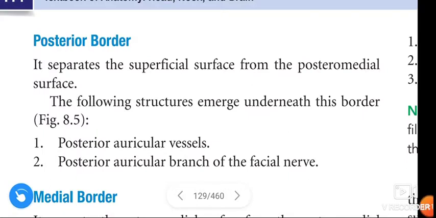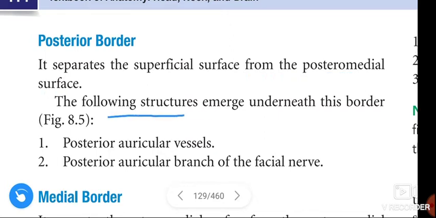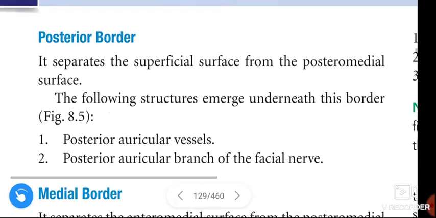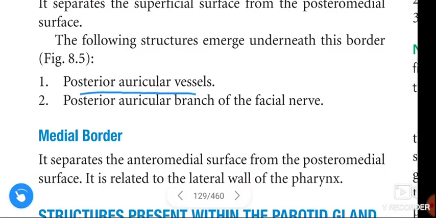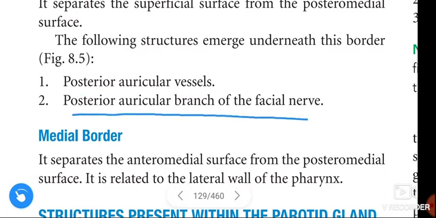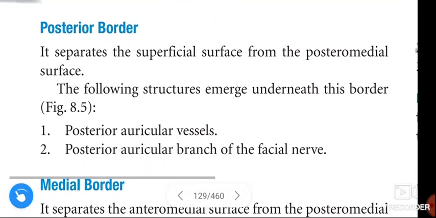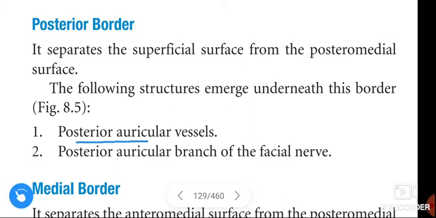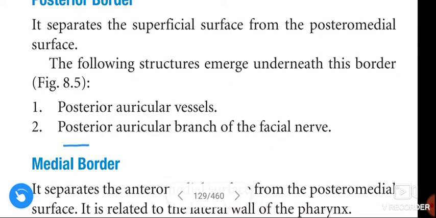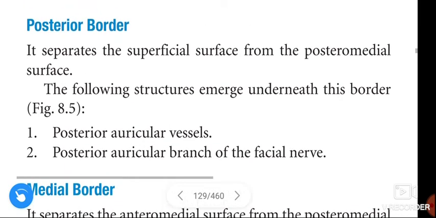Posterior border of the parotid gland and the structures related to it. It separates the superficial surface from the posterior medial surface. The structures that emerge underneath this border are the posterior auricular vessels and the posterior auricular branch of the facial nerve.